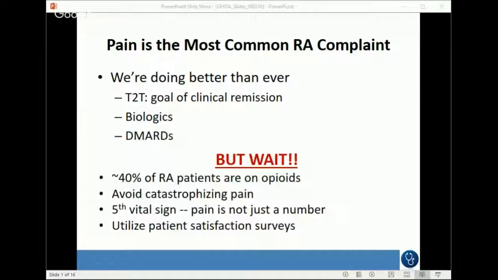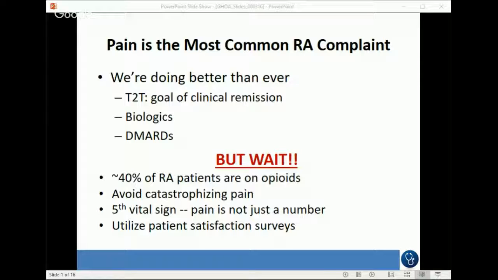So moving on to the next slide, since pain is an RA complaint, we're really doing a lot better. We're now looking at T2T, treat to target, because our goal is remission. We have biologics, we have DMARDs. But wait, 40% of our patients are on opioids, and we really want to avoid that catastrophizing pain, because pain is a fifth vital sign.